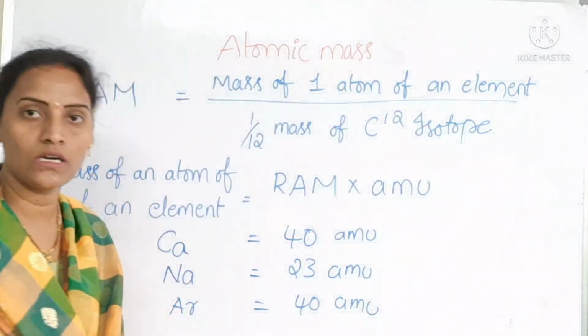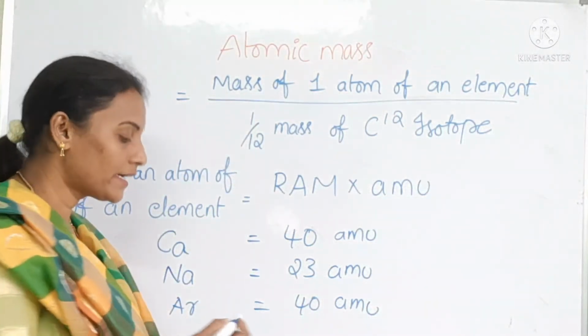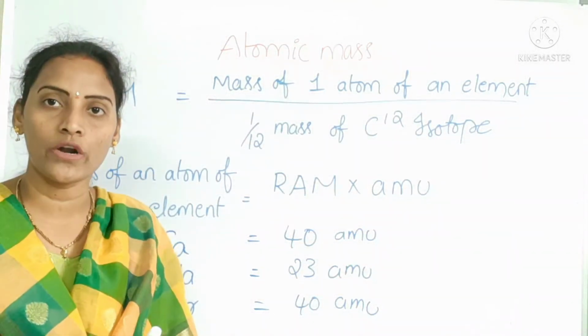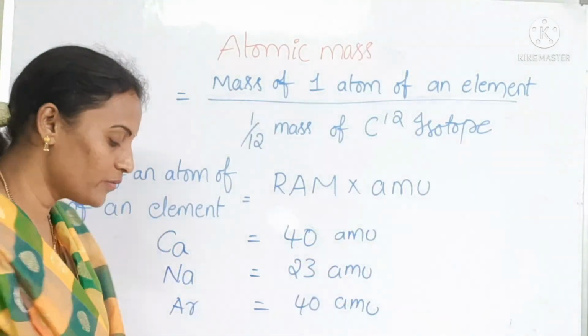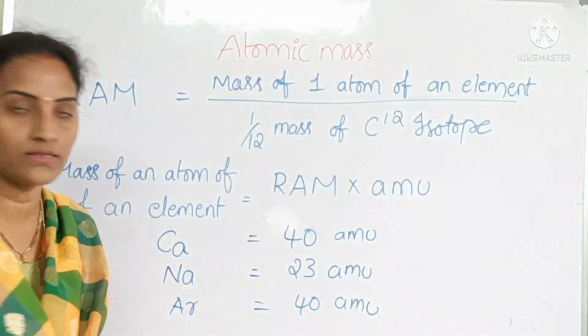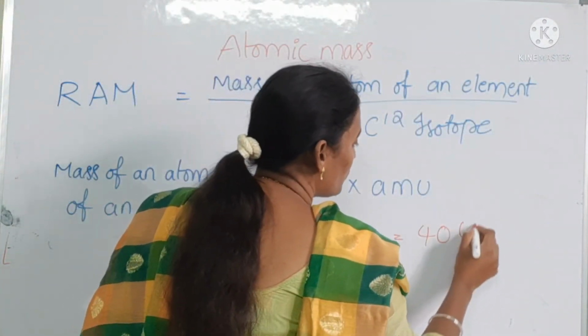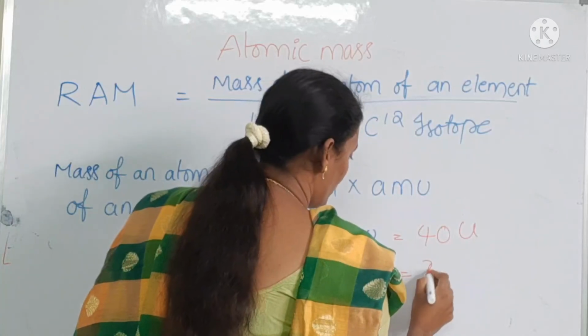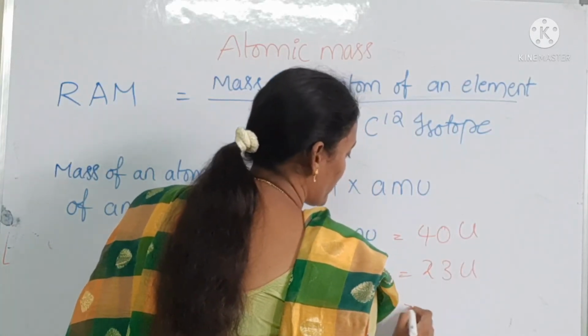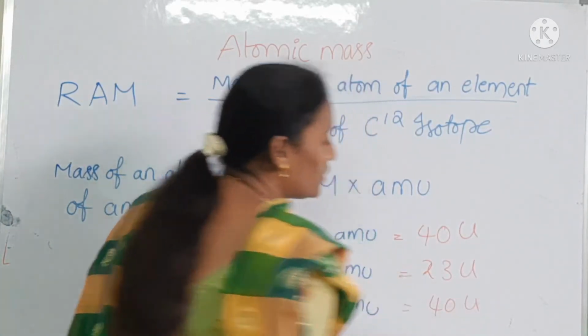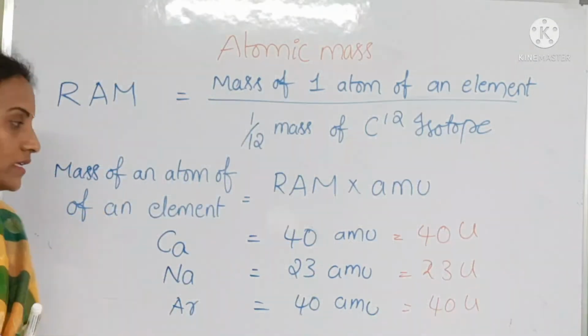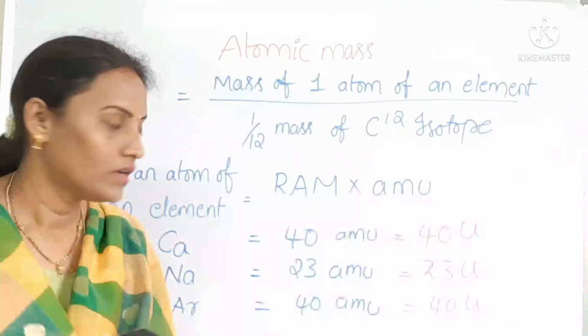Nitrogen 14 AMU. Later on IUPAC modified this AMU into unified mass. This is equal to 40 U, this is 23 U. U is nothing but unified mass, students.